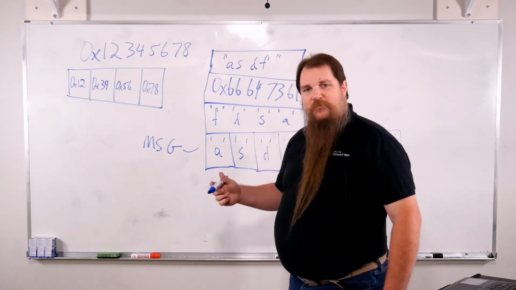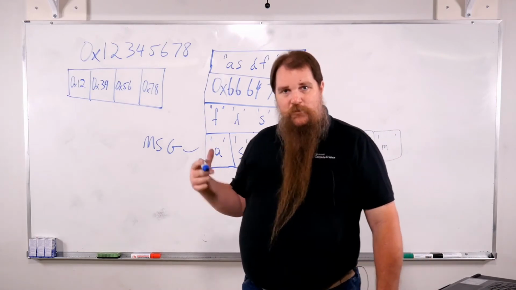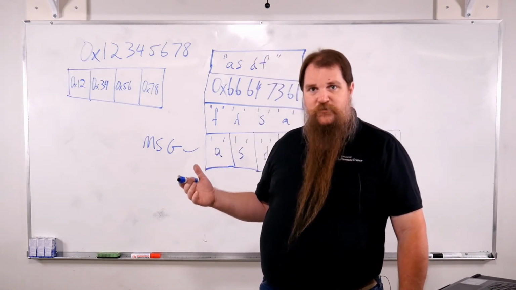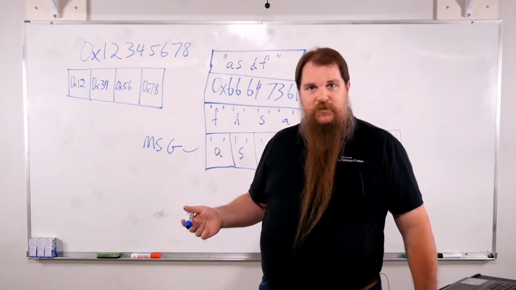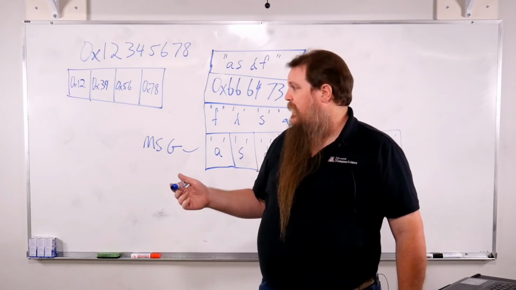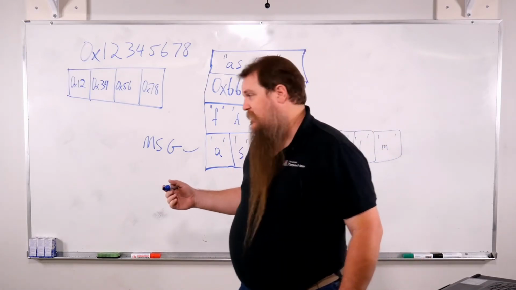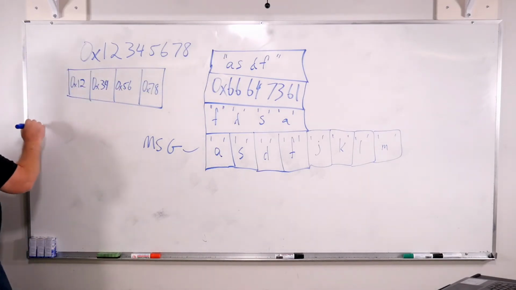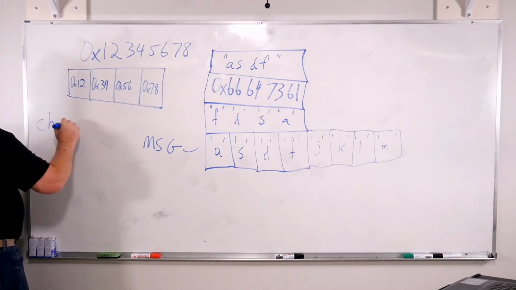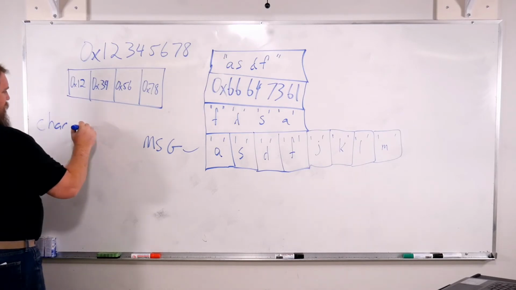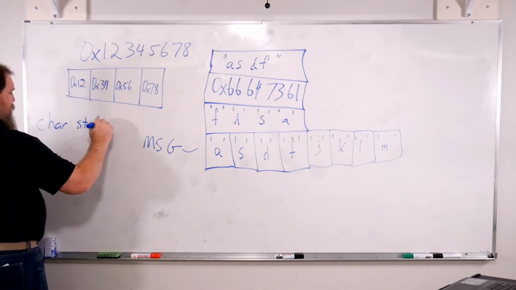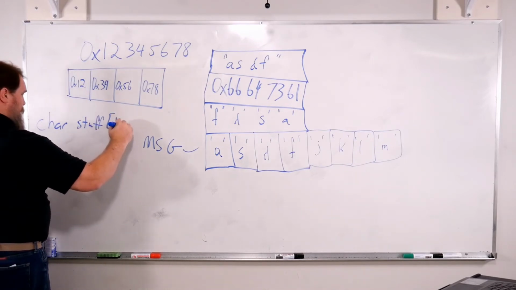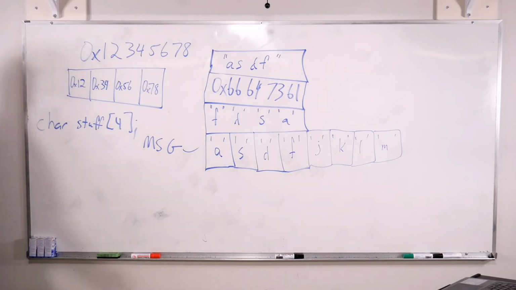Now let's imagine, though, that we were thinking about this in terms of accessing the individual bytes. Let's imagine that we were thinking of this as like an array. If I wanted to do this exact same thing in a character array called stuff that was 4 bytes long, how would we get this arrangement?